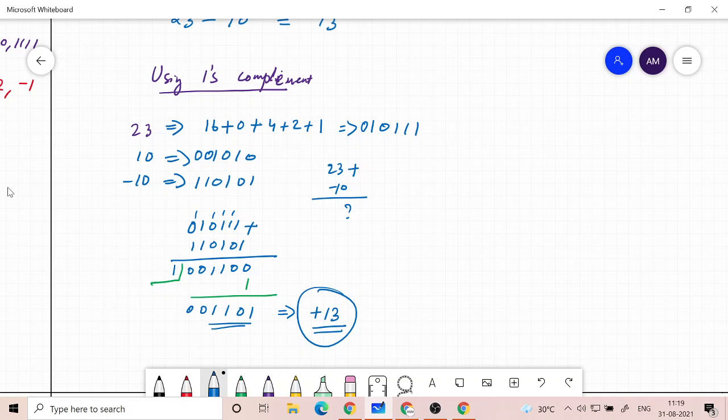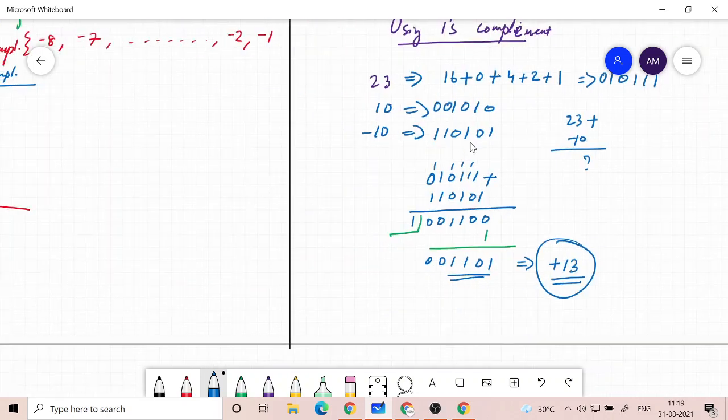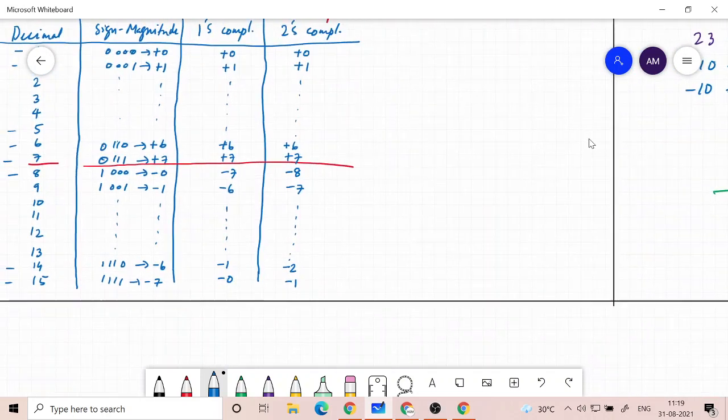Okay, so you can see that earlier when I wrote all this table, all the negative numbers must have 1 and all the positive numbers must have 0, whether it is 1's complement, 2's complement, or sign magnitude. The first bit basically shows you the sign. Out of 4 bits there are 16 combinations, but the magnitude only goes up to 7 or 8.